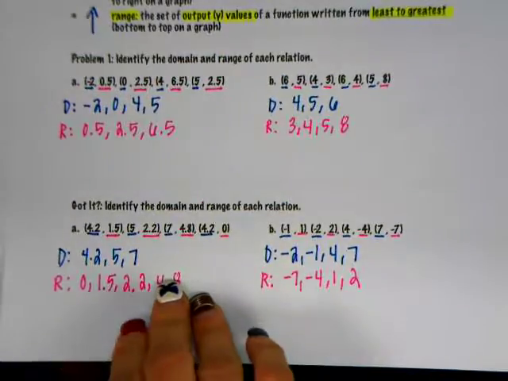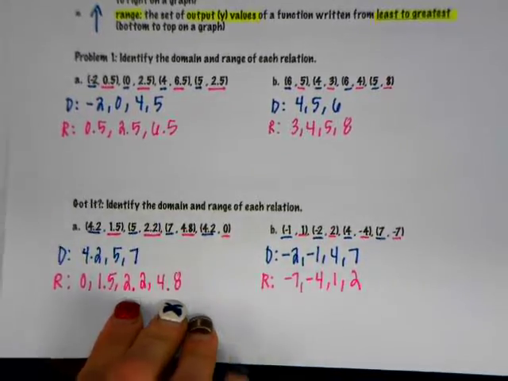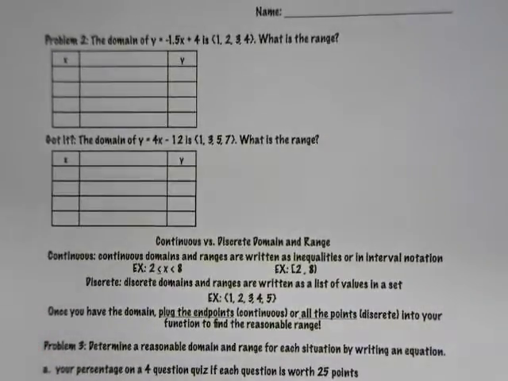All right, so now we're going to do it where we have a function rule or an equation, and they're going to give us a domain, and we're going to find the matching range, okay? So for problem 2, the domain of y equals -1.5x plus 4 is 1, 2, 3, 4. What is the range?